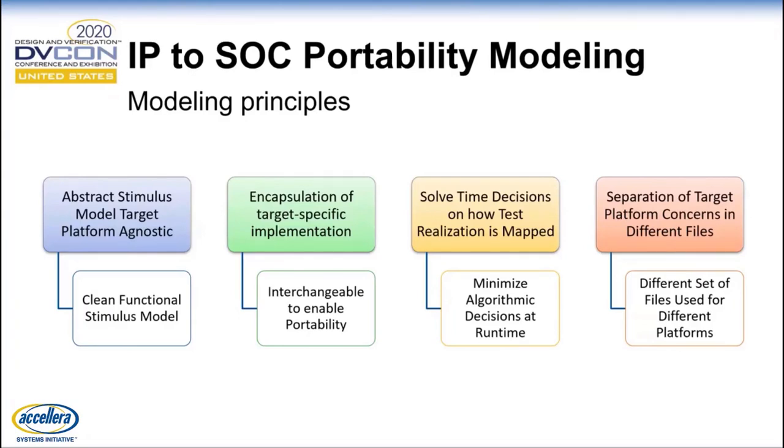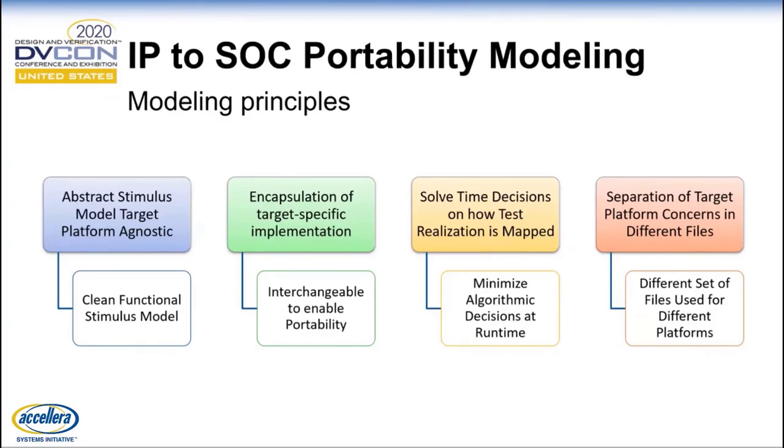We want to maximize solve time decisions. Key thing is that we don't want decisions to be made during runtime, thus increasing the overhead and reducing performance and stress on the system.